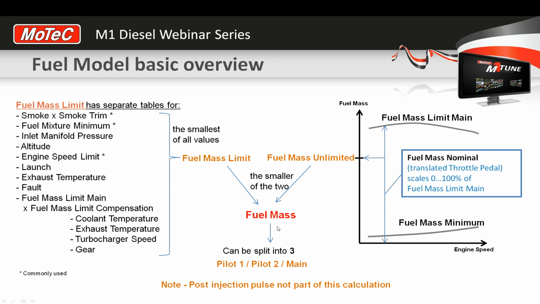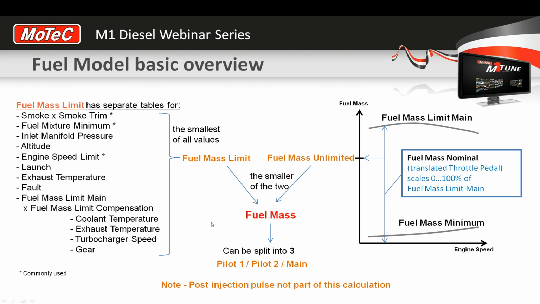And then that fuel mass goes through the injector calibrations and gets calculated as a pulse width, and then your tuning, your tables of pilots and main, decide over how many pulse widths that fuel mass is being delivered.